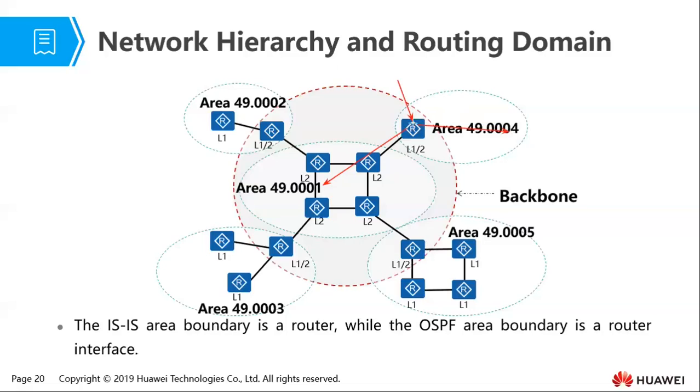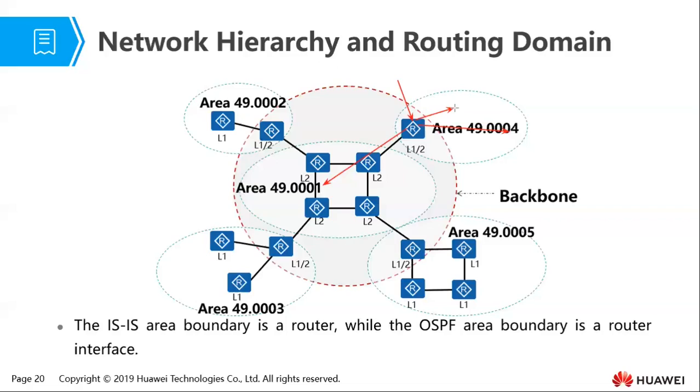Generally, a level 1-2 router, in its routing table, will contain the routing information of the entire network. Now, anytime a level 1-2 router generates an LSP into a level 1 router, it will set the ATT bit to 1.